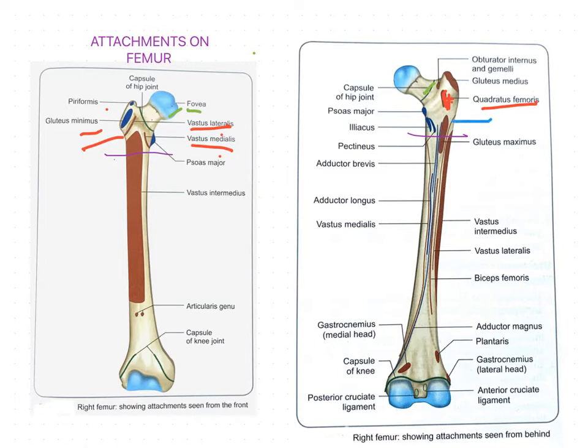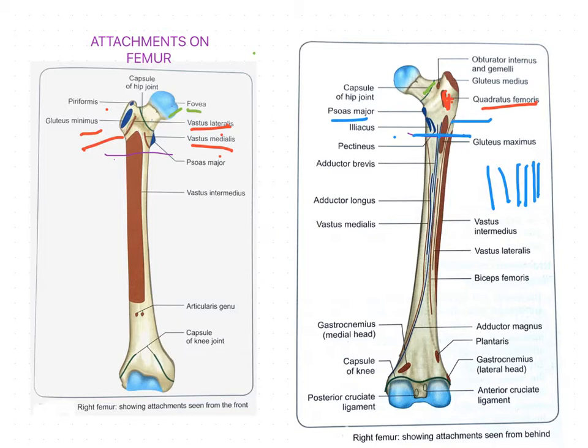Medial to this you'll have adductor magnus and then adductor brevis. Next comes pectineus, next iliacus and psoas major. So in the upper posterior part, the muscles attached are gluteus maximus, adductor magnus, adductor brevis, pectineus, iliacus and vastus medialis, not psoas muscle; vastus medialis muscle is related.